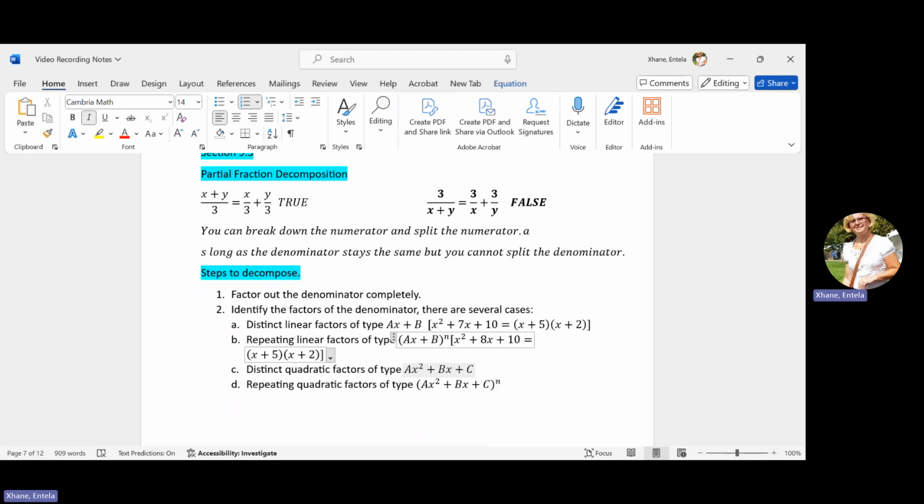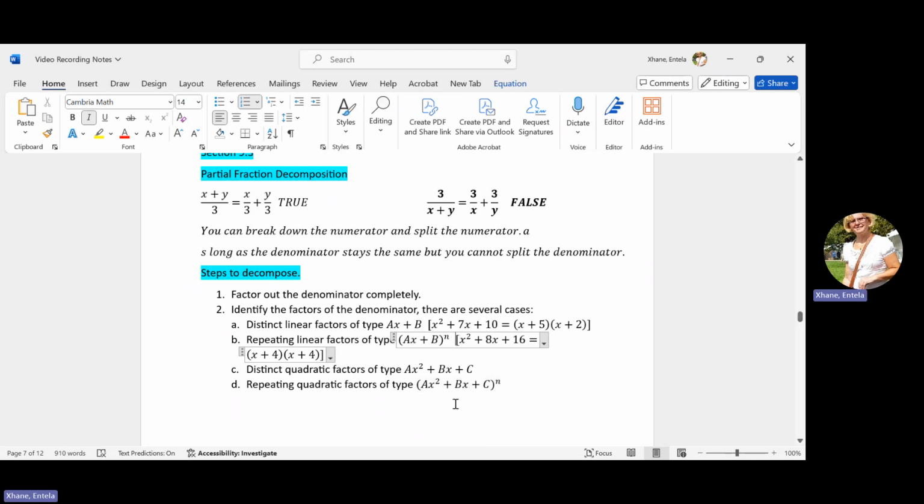The 10, I'm going to replace it with a 16. And now you realize that when I factor this, I'm going to get two linear factors, but they're both equally the same: x plus 4, x plus 4. So these are linear, but they're repeated. So you see x plus 4 twice. That's what I'm referring to with ax plus b to the power n.